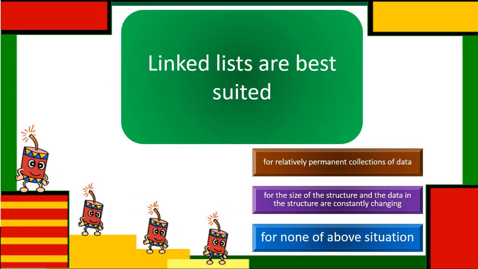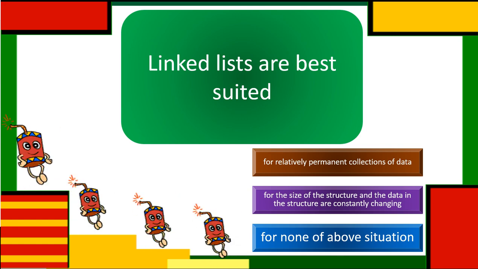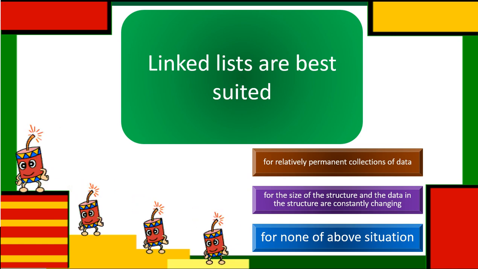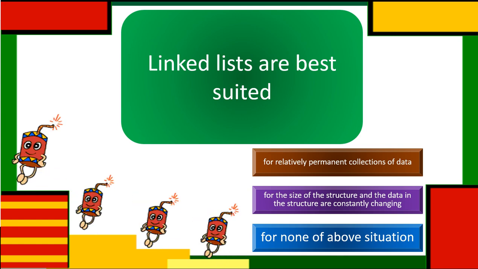So let's see the next question. Linked lists are best suited for: a relatively permanent collection of data, the size of the data structure and the data in the structure constantly changing, or none of above situations.